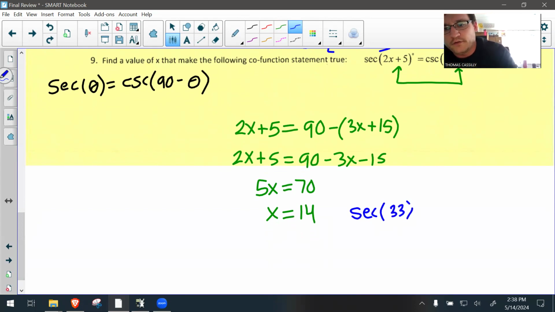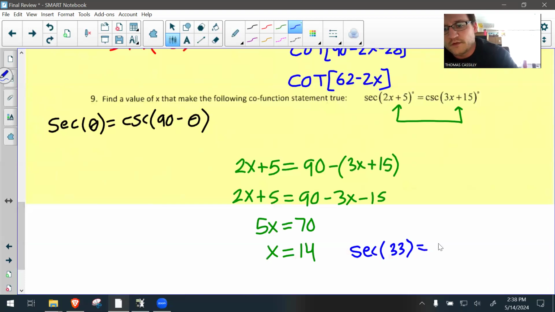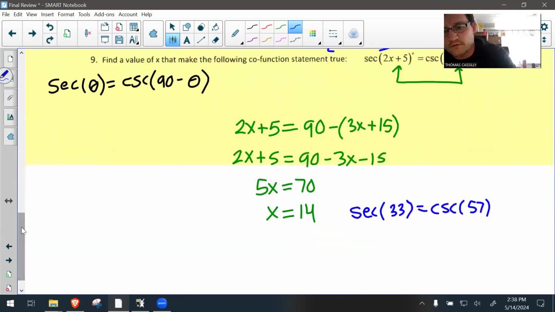Now on the other side, that is going to be the cosecant of 14 times 3, 42 plus 15 is 57. If you want to check yourself, just add them up. 33 plus 57 equals 90, which is what we wanted.